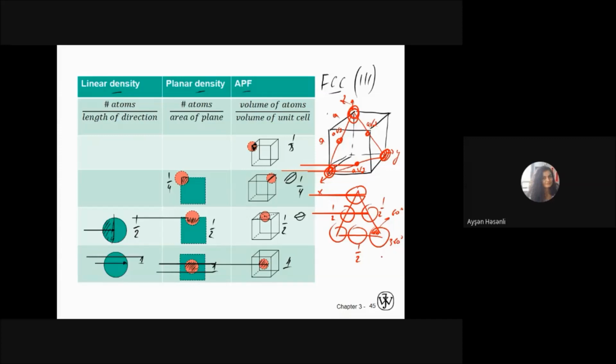So it will be 1/6 part. So what I have, 3 corner atoms, each one is 1/6, plus 3 face atoms, each one is 1/2, divided by area of triangle, where sides are equal to A under square root of 2, and etc. For BCC, this plane will change. You can try it for yourself.